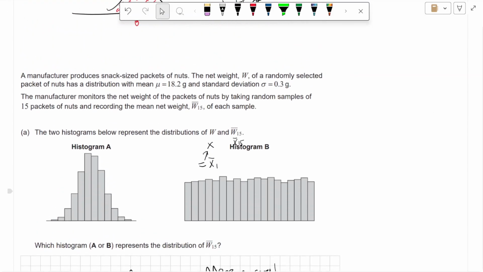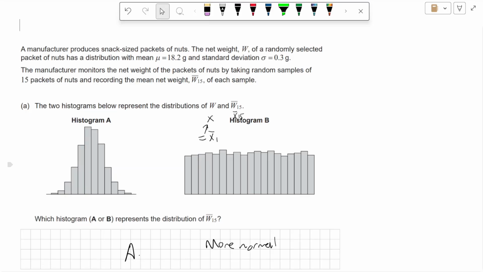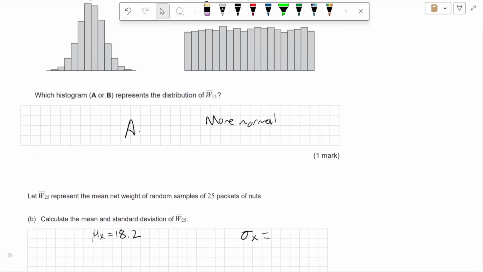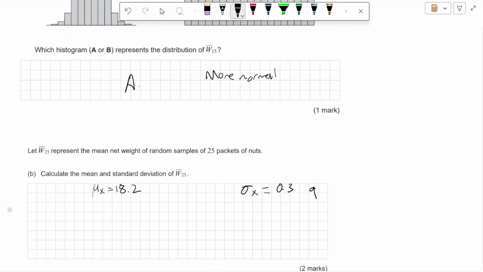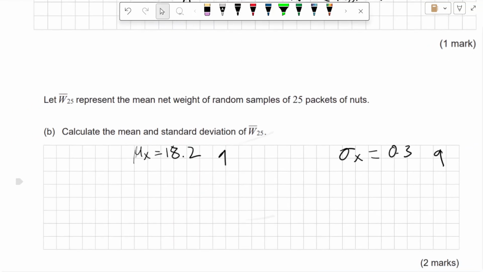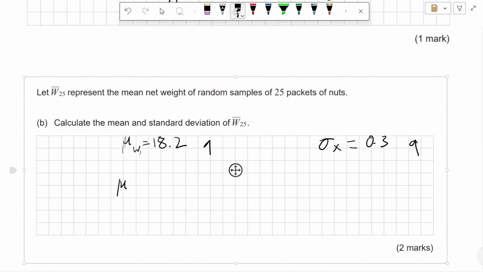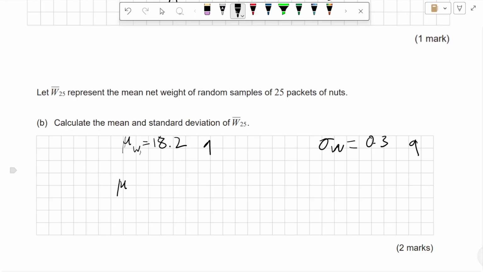So we need the original mean and standard deviation, 18.2 and 0.3. So the mean of X is 18.2 and the standard deviation of X is 0.3, and we're measuring in grams. So if we're looking for the mean, sorry, that shouldn't be X, that should be W. The mean of W bar 25 is the same, 18.2 grams.